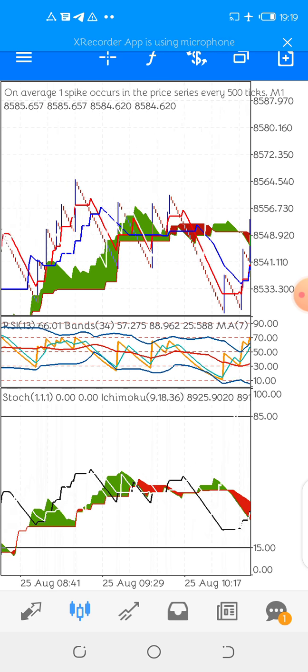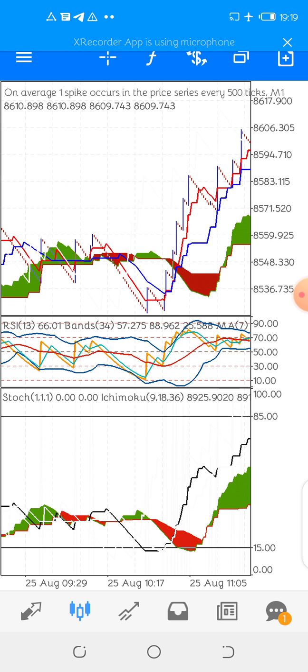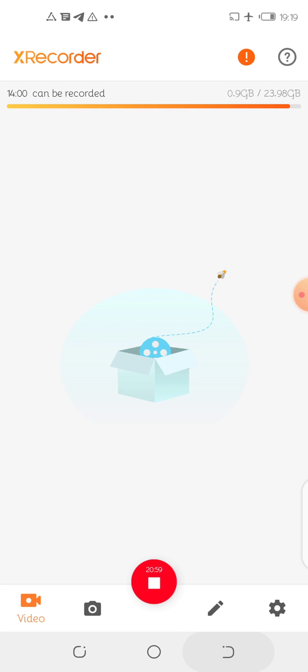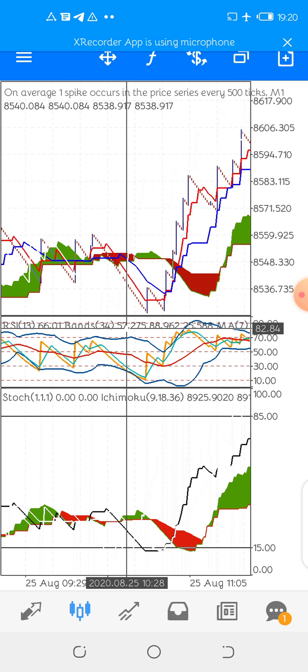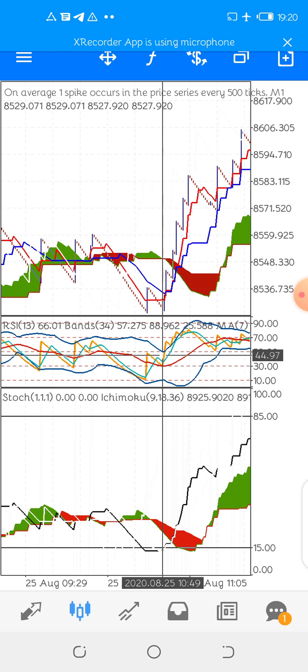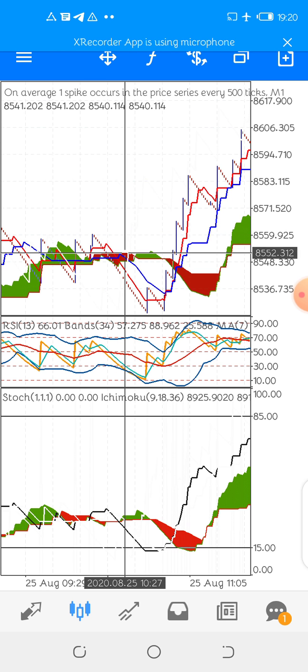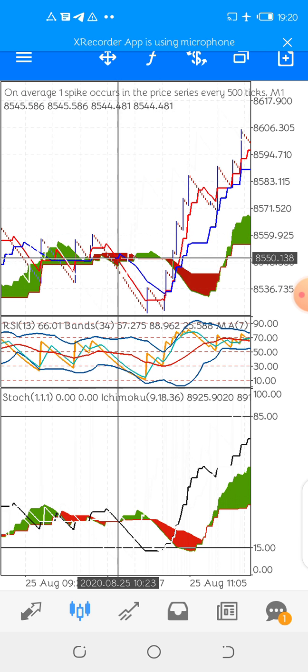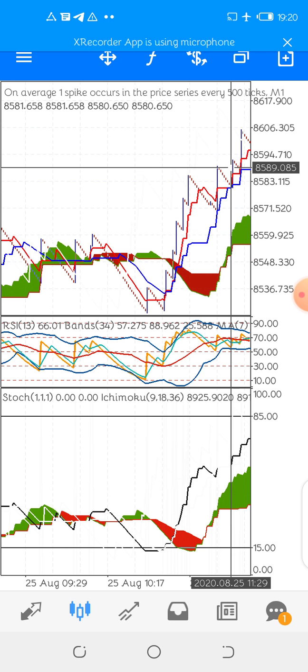So in short, it was telling you that these red clouds were small retracement points. Again, sorry for that. I wanted to touch this. These small red clouds were just small retracements of our continuous uptrend.